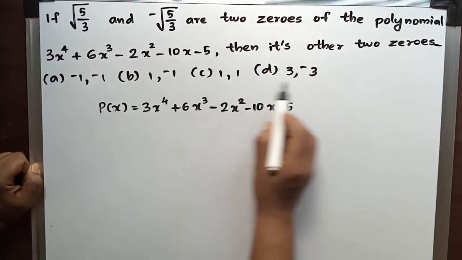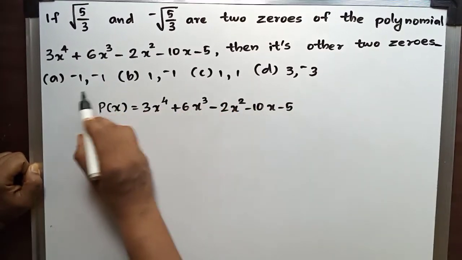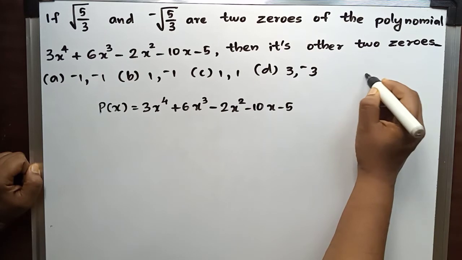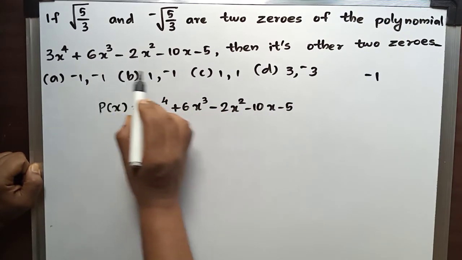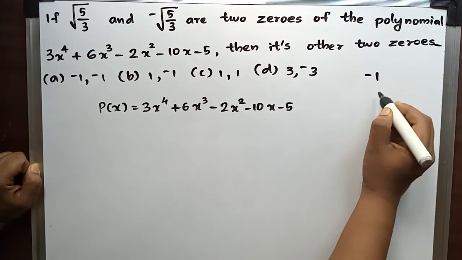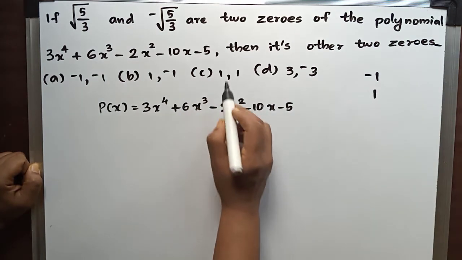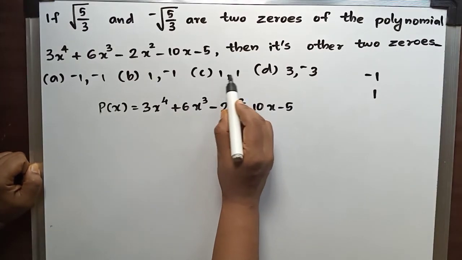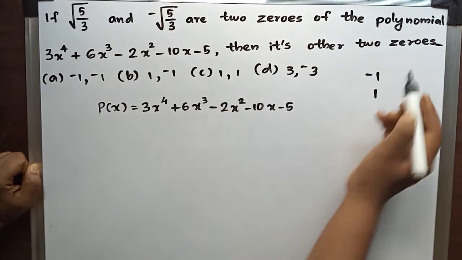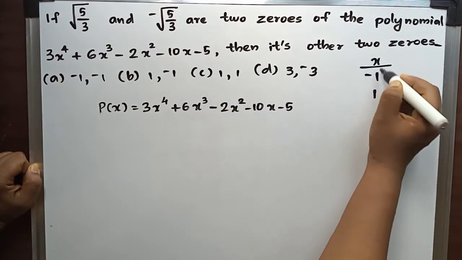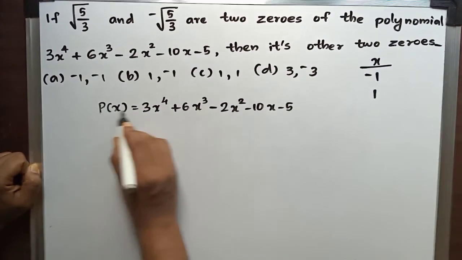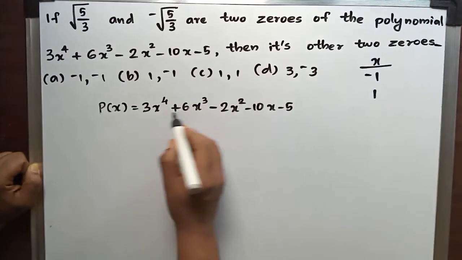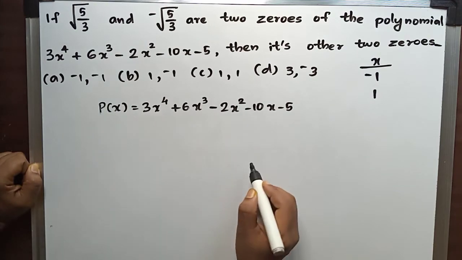Anyways, which all are the options here? Minus 1 is an option. Again, minus 1. Here 1 and minus 1. So 1 is another option. Means we can give these values to x and we will check whether it is suitable, means whether p of x is becoming 0 or not.